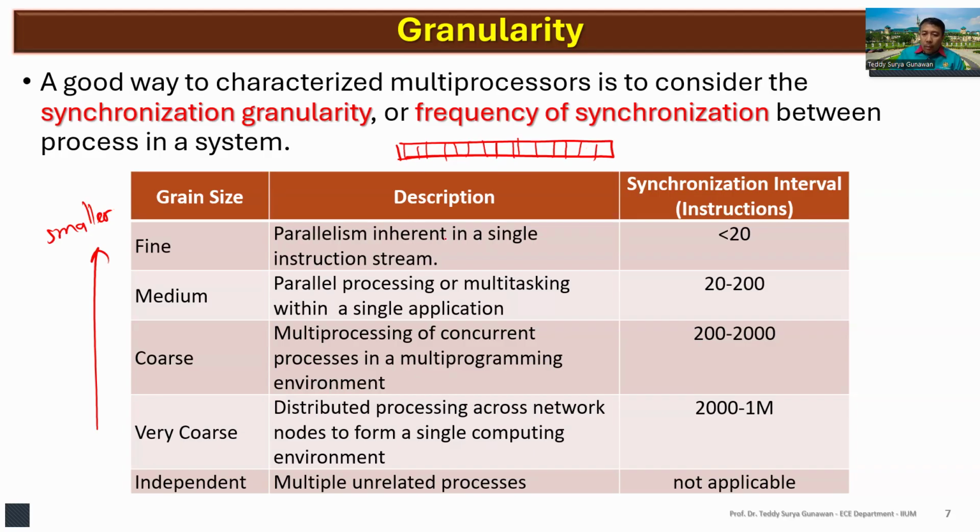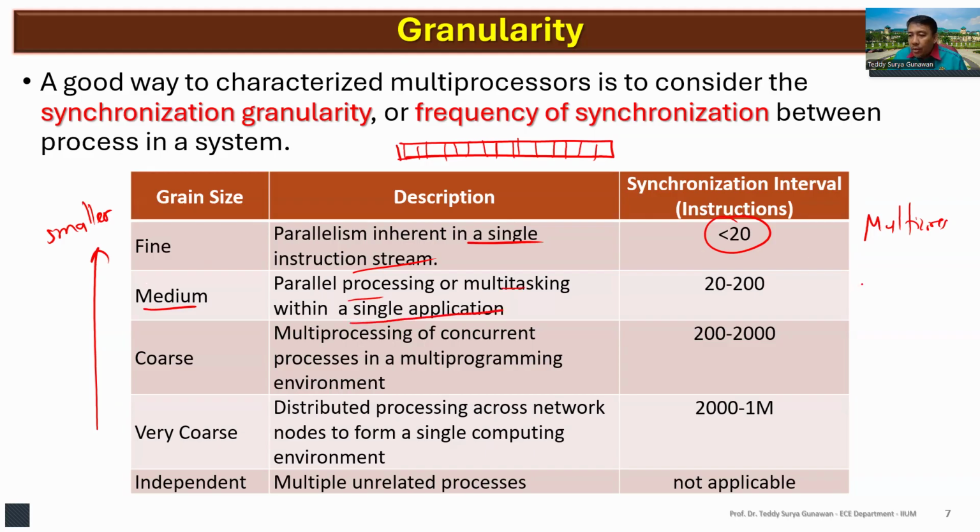So, parallelism inherent in a single instruction stream, where the synchronous interval is less than 20. This is, for example, in a multi-core system, in which you can have parallel instructions. Medium: parallel processing or multitasking within a single application.